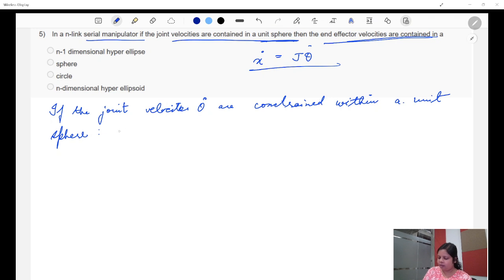It would be the modulus of theta dot is less than or equal to 1, because it is inside the unit sphere.